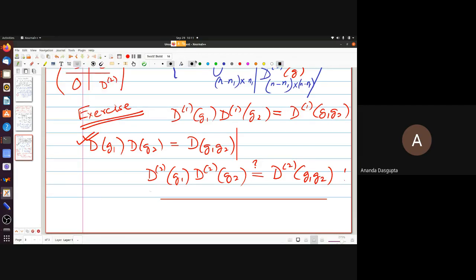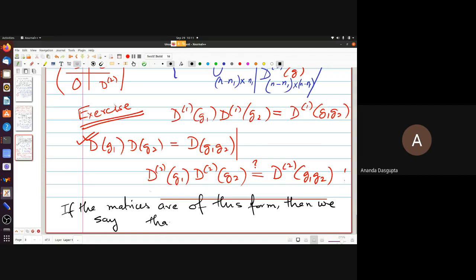But what is important? Let me just put one thing here. What is very important is this. Then we say that the representation is of course reducible.